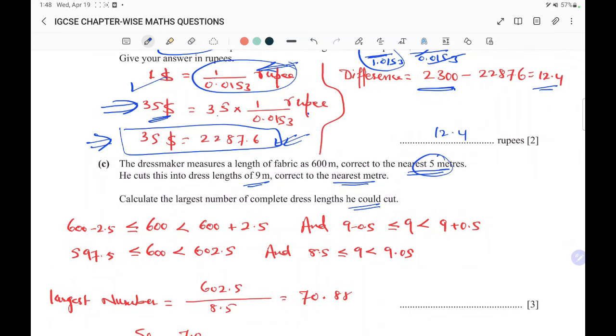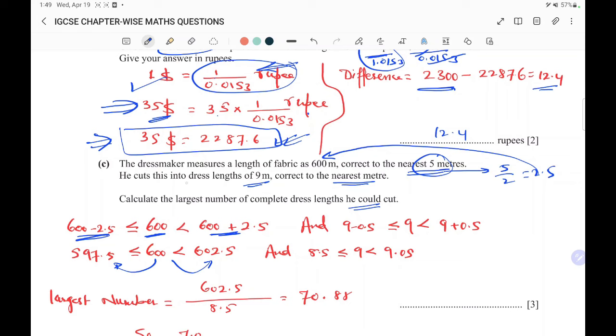For the nearest 5 meters, you first find half of this: 5 over 2, that is 2.5. Now we add and subtract this 2.5 from 600 meters. So the lower bound is 597.5 and the upper bound is 602.5.